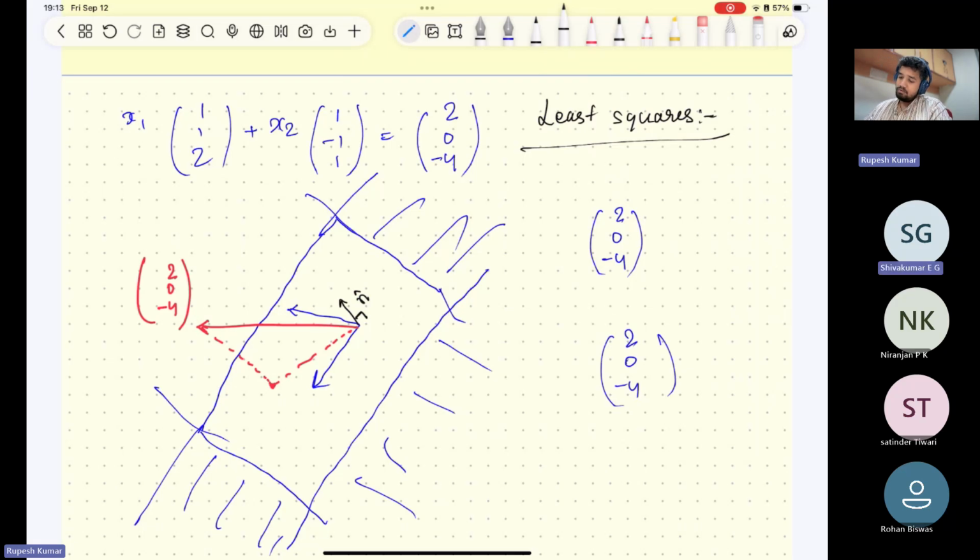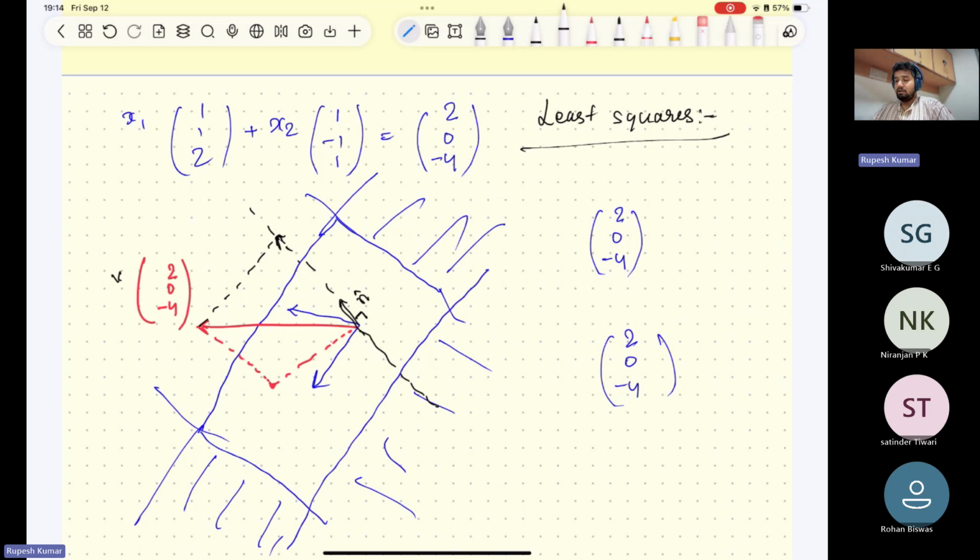Now let's extend this normal vector. You can see that this vector, let's call it V, has some component along the normal, and some component in the plane, right?